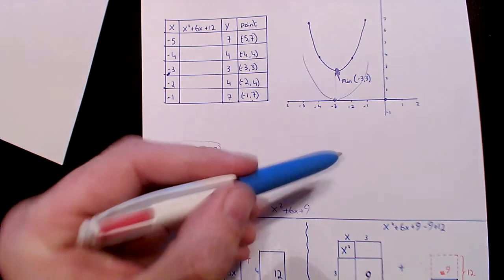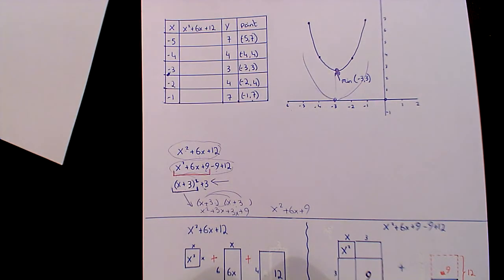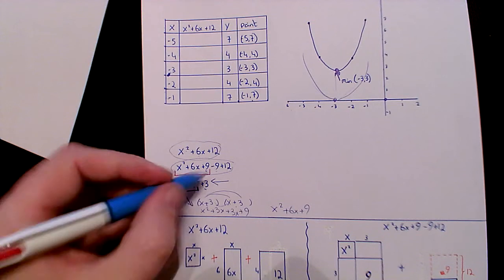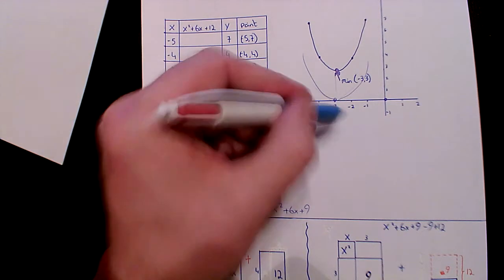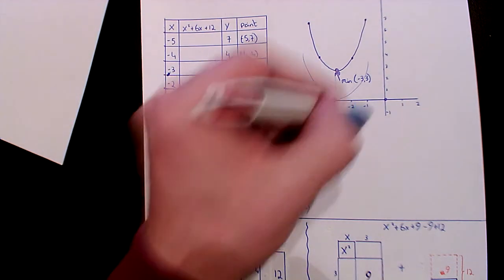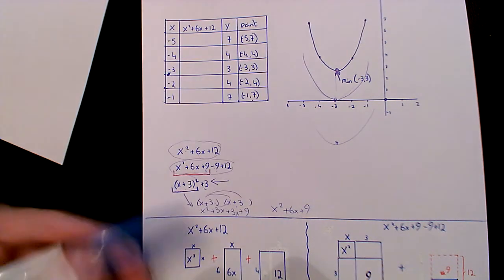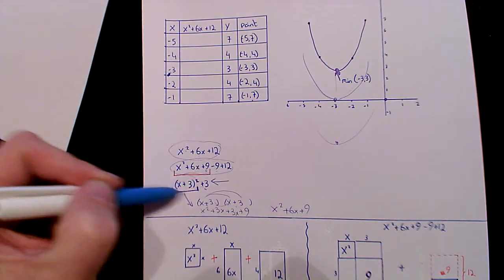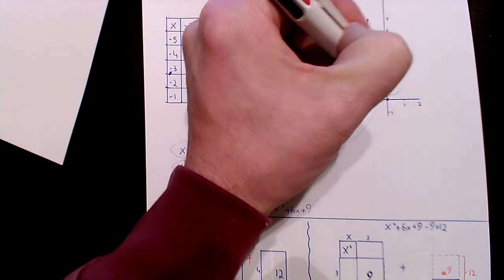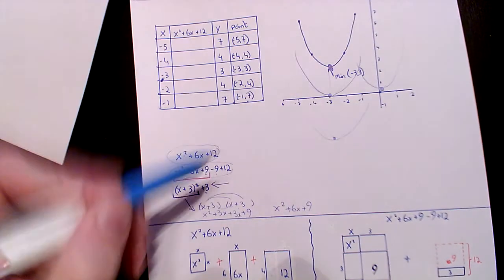So I know then it has to be plus 3, the minimum point. If this was a minus 4 or something, then I know the minimum would come down to minus 4. So that's actually how we figure out the minimum point, because we make sure this perfect square will just hit the x-axis in one place, and then we look at the number and see does it push it up or push it down.